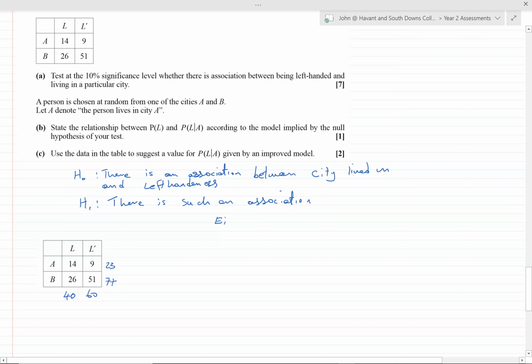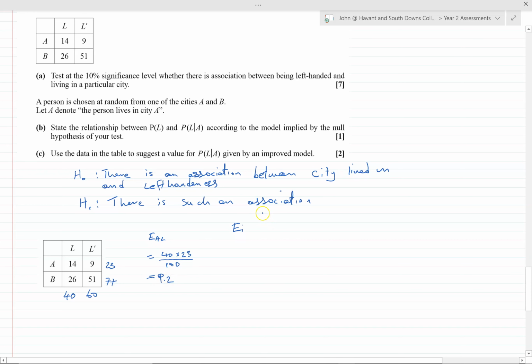Okay, then to work out, for example, the expected value of AL, that would be equal to the row and column numbers multiplied by each other, divided by the total number. It's fairly intuitive if you think about it. It's what the number would be if you expected an equal proportion of each of these as compared to the actual total in the sample. That equals 9.2.